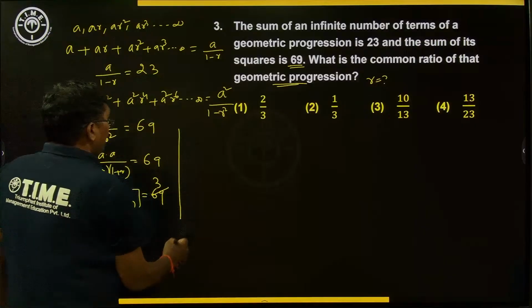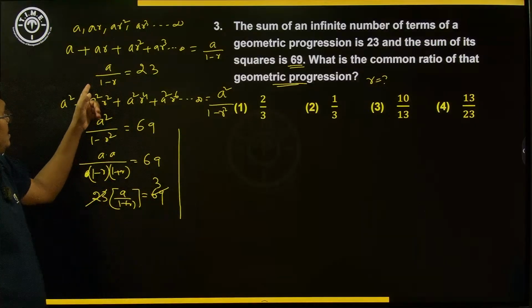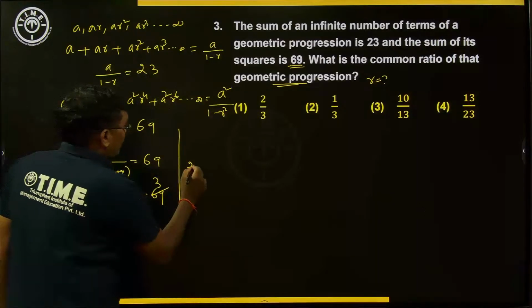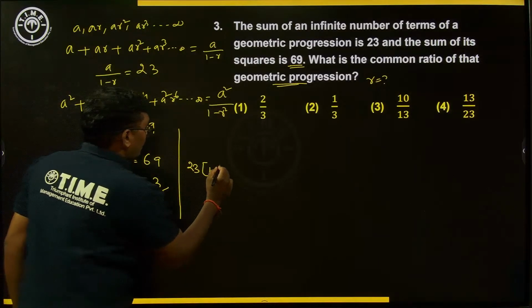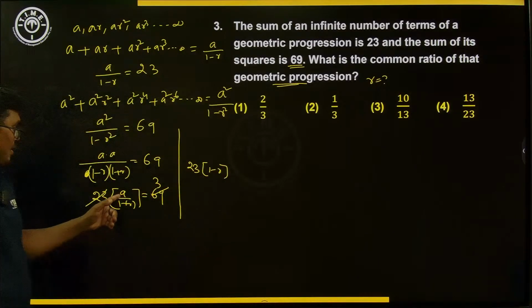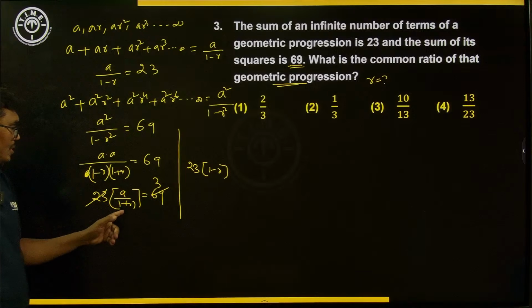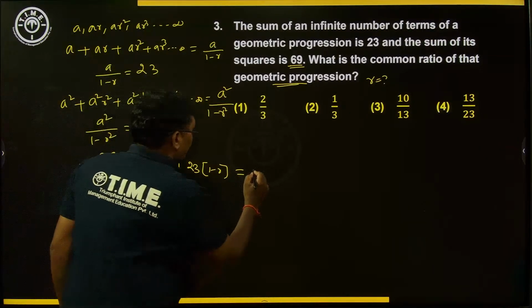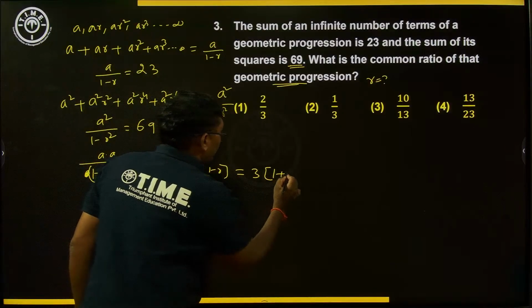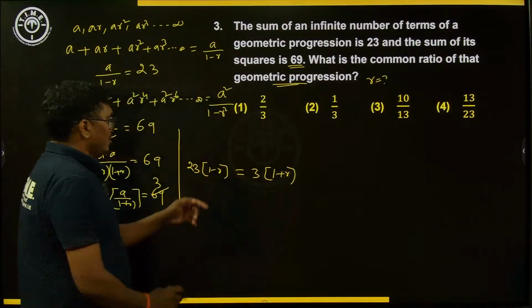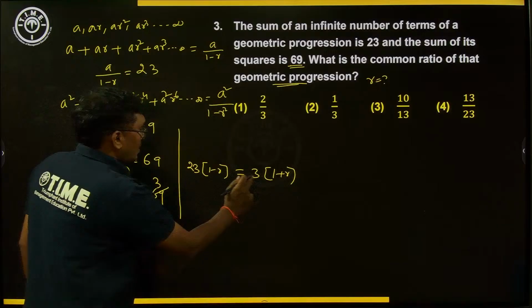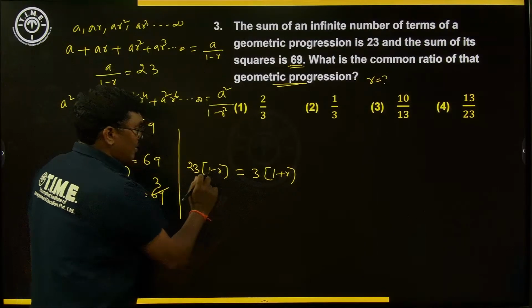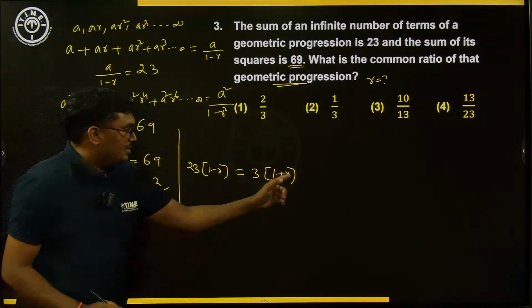So from the first equation, what is the value of A? If we send 1 minus R to this side, it becomes 23 into 1 minus R. And from here, what is the A value? If we send 1 plus R to this side, it becomes 3 into 1 plus R, right? So if you simplify this, you get 23 minus 23R equals 3 plus 3R.